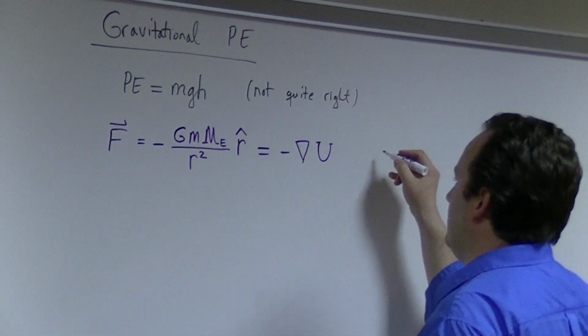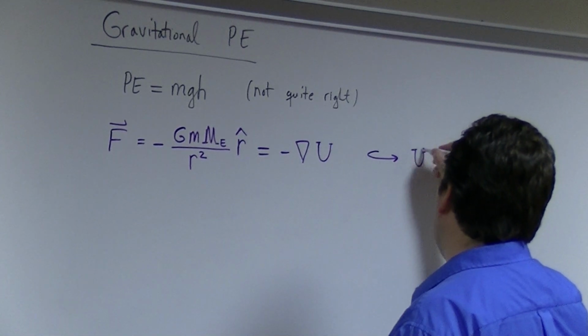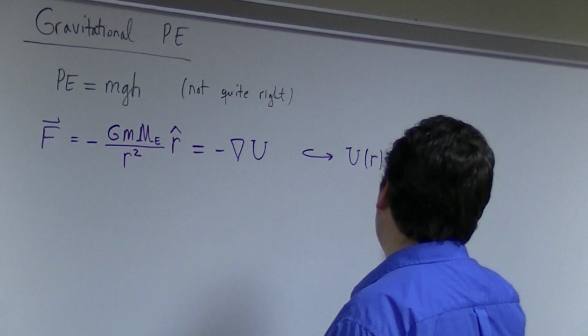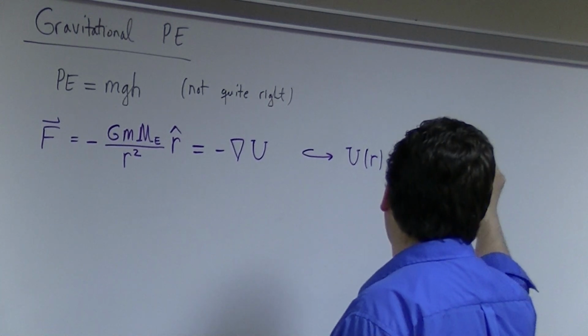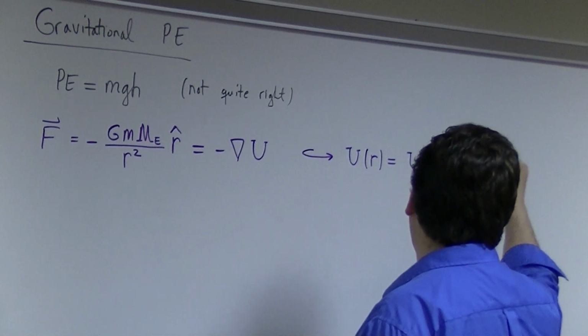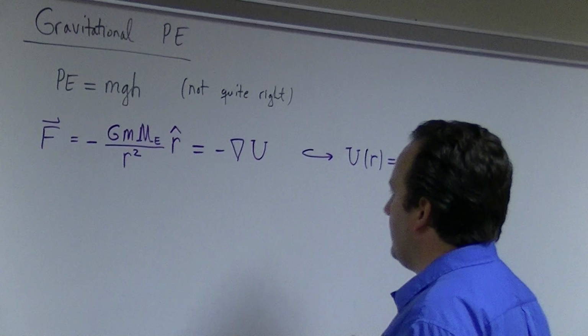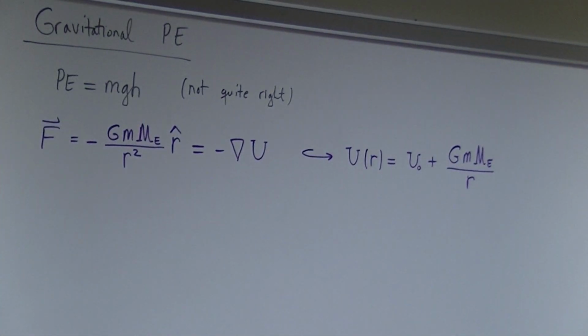So integrating both sides, I should have U as a function of r equal to some constant U naught plus G m, mass of the Earth, divided by r. Now let's see.